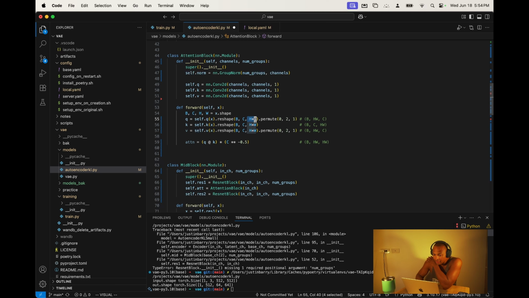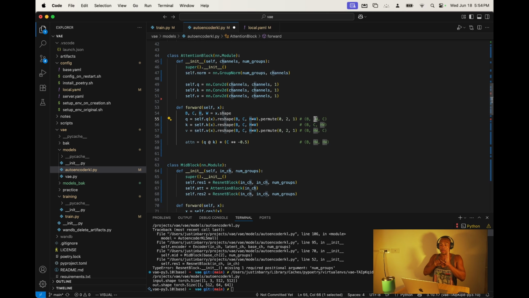So you can see we're flattening this. H times W is essentially flattening the image, right? And then we're permuting it. So you can think of this as a flattened image. Your image is now one list, and then there's the stacked channel information at each index.